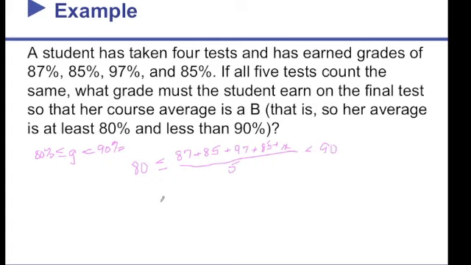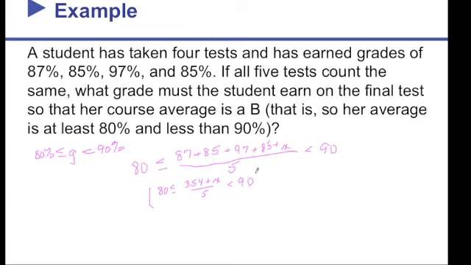Now, the first thing I'm going to do is add all of these numbers together. So I have 80 less than or equal to (354 plus x) over 5 is less than 90.